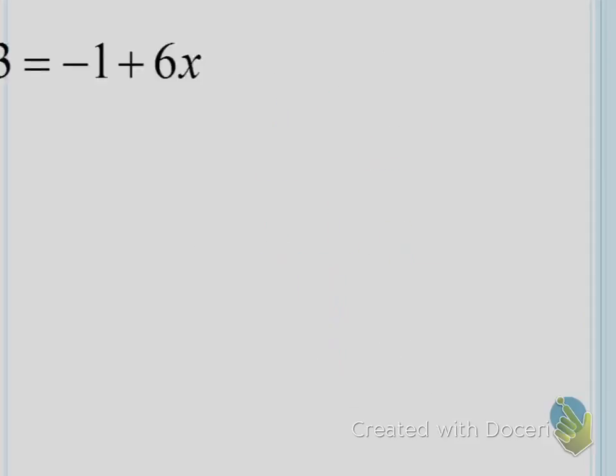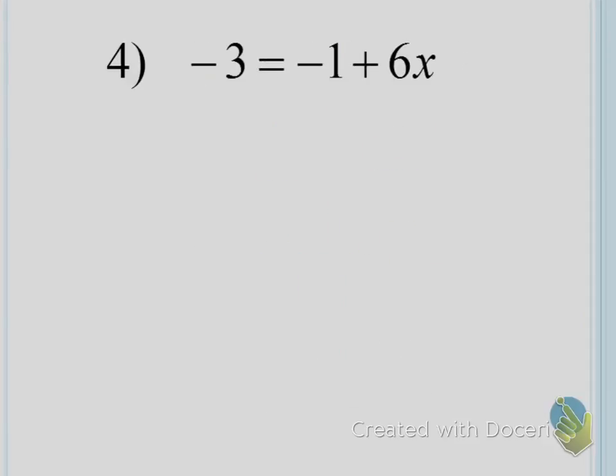All right, here's number 4. Go ahead and write that one down. All right, draw your line. And what do I want to do on this one?